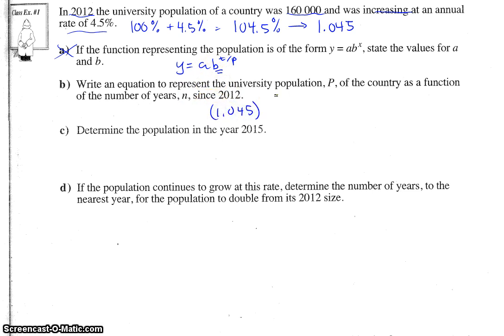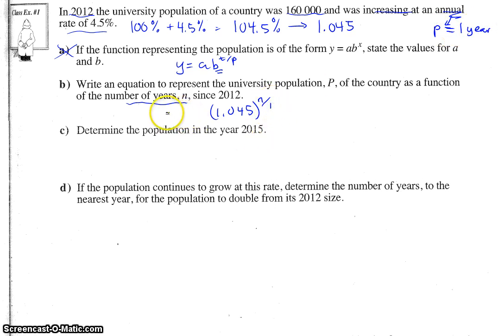The time, in this case, they want number of years, so we're going to use n instead of t. Our P value, it says increasing at an annual rate, so that means our P, our period of time for it to have that rate, is 1 year. So this would be like over 1 in the equation.